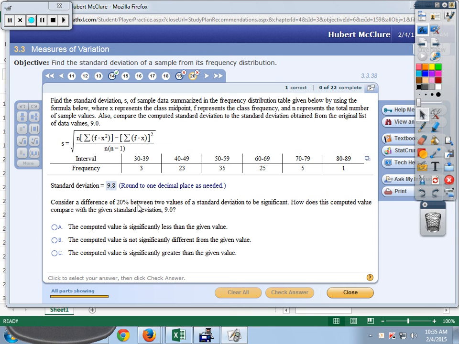Consider a difference of 20% between two values. 20%, well, what's our mean? So 10% would be 5.5, and 20% would be 11. So 9 is closer than 11. So the computed value is more, if that's what they're asking.